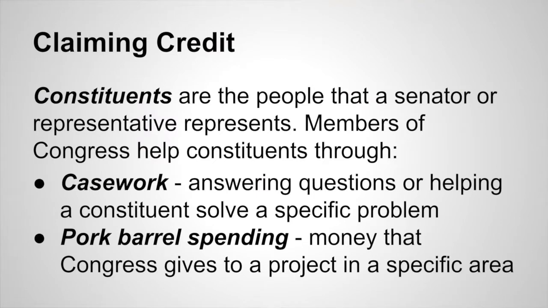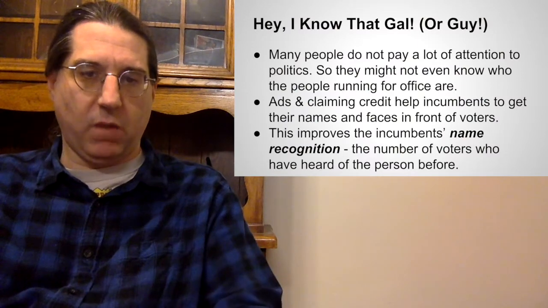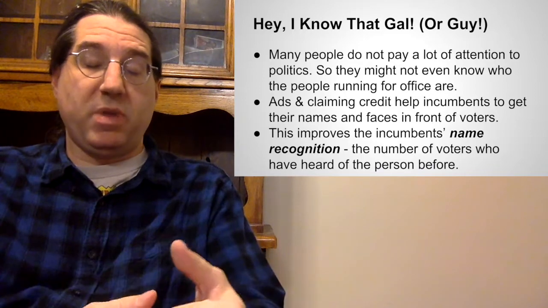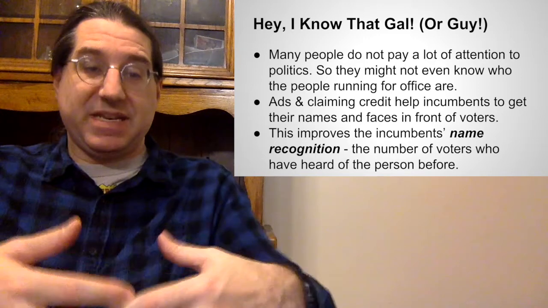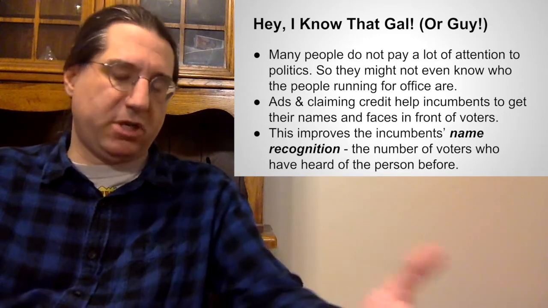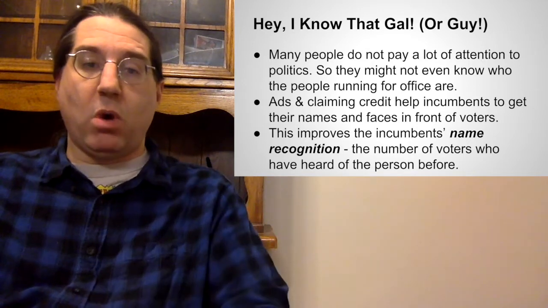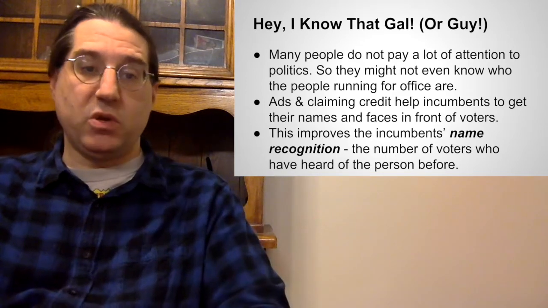Okay. Now, having done all of this, having helped constituents and brought money to the district and done all of these things that hopefully are helpful, then the senator or the representative will hopefully get some attention for it from the news: a picture in the newspaper or the website, video online, shared on social media, something on the local TV news.